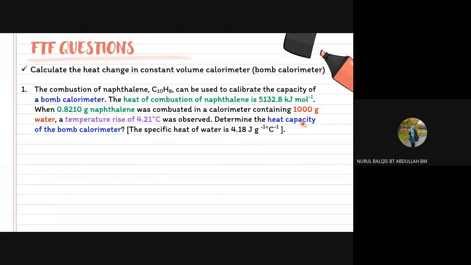So determine the heat capacity of the bomb calorimeter. I highlighted the statement in green referring to only the naphthalene. Starting from the enthalpy, the naphthalene can be used to find the number of mole. So from here you settle the naphthalene first.